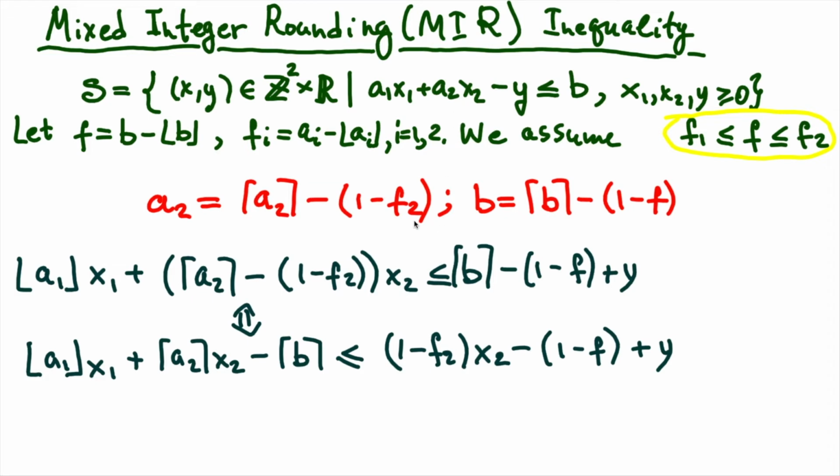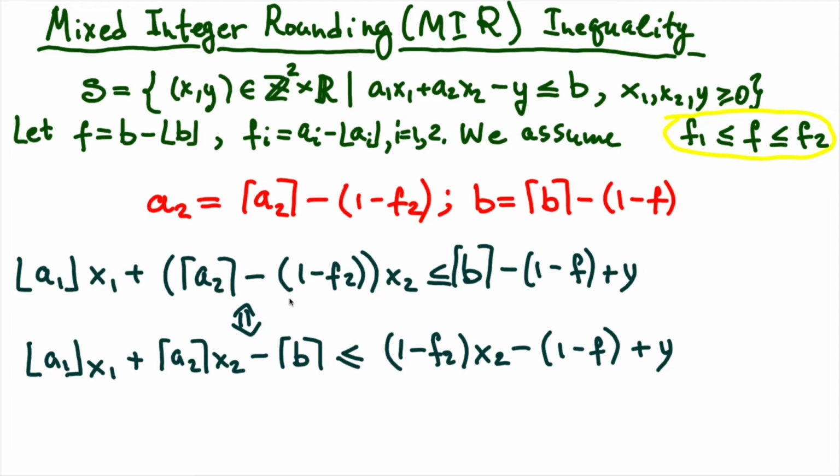So we'll treat this part as a continuous part of our inequality, and this will allow us to generate a stronger cut. To generate a valid inequality, we go ahead and round down the coefficient for x1. Recall that a1 has a smaller fractional part than the right-hand side does.